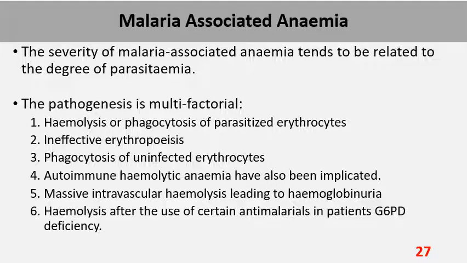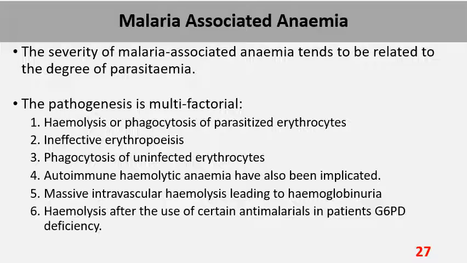Now, malaria-associated anemia is another major pathology that is due to severe falciparum malaria infection. The severity of malaria-associated anemia tends to be related to the degree of parasitemia, because at the end of the day, both parasitized and unparasitized cells get destroyed when there is overwhelming infection.